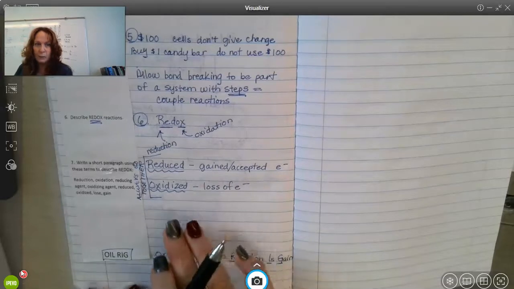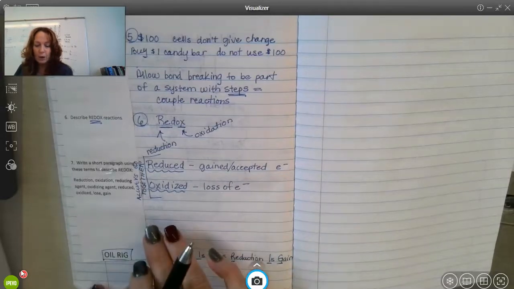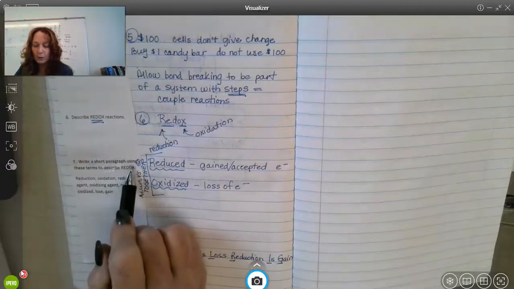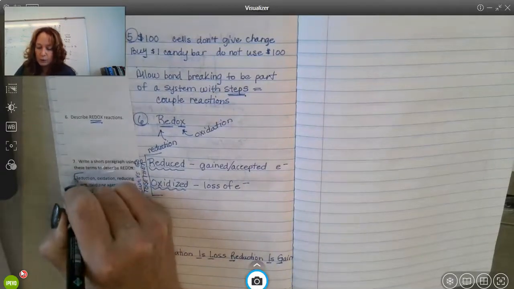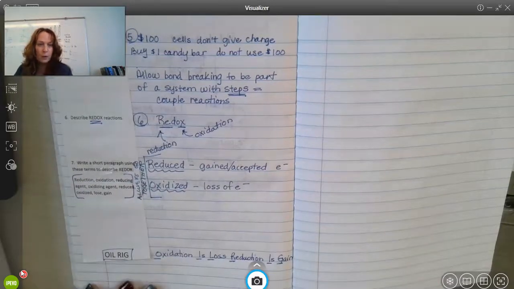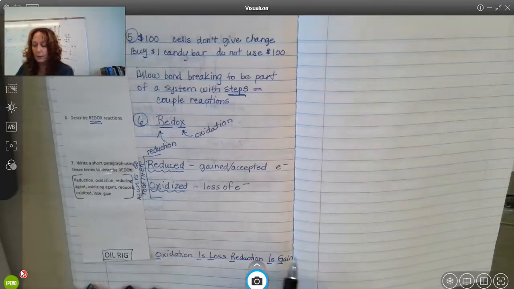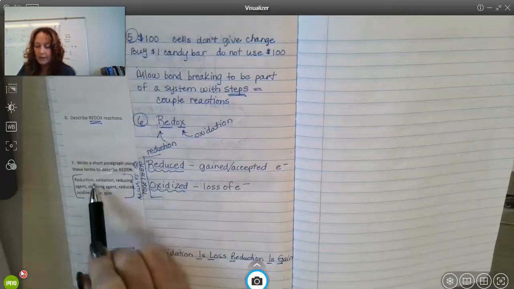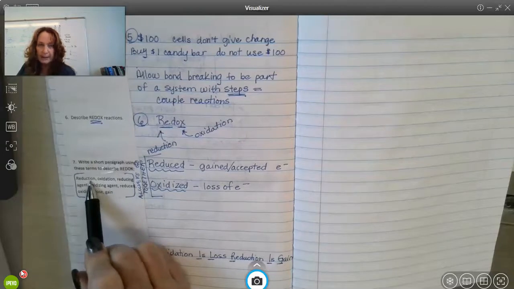So it helps to put this in perspective for a real pathway, a real process. So instead of writing this short paragraph, we're going to use these words right here to make sure we know what those are, but we're going to do it in context of a true pathway example. So if you think about what we've done so far, we've said what reduction is, that's gaining an electron.